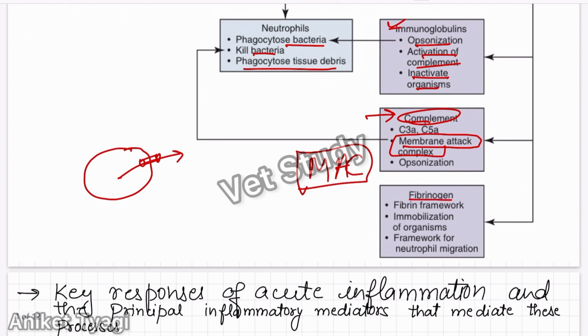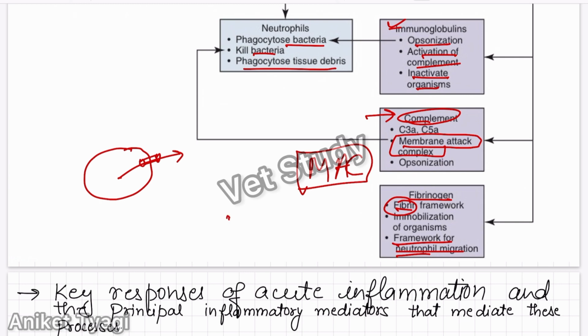And fibrinogen is basically the protein which is mainly responsible, and when it polymerizes it forms fibrin. And what is the function of fibrin? Fibrin mainly localizes the inciting agent which is present at the tissue site. It will also provide the framework for neutrophil migration, and the main function of fibrin is localizing that inciting agent.